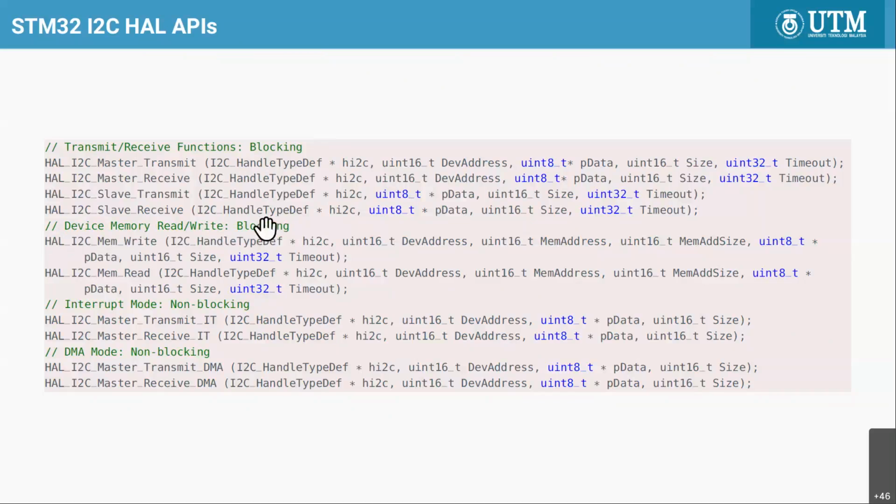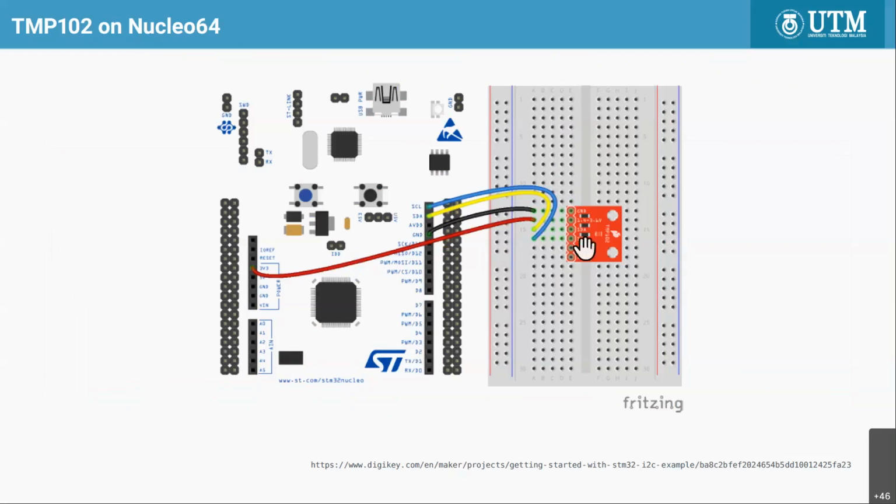Then the second group here is device memory read or write. This is useful when the I2C device is a memory type. In this example just now, this is a temperature sensor, so you only read one piece of data, a scalar. Just one piece of data, and that's it. If you want another piece, you go read it again.